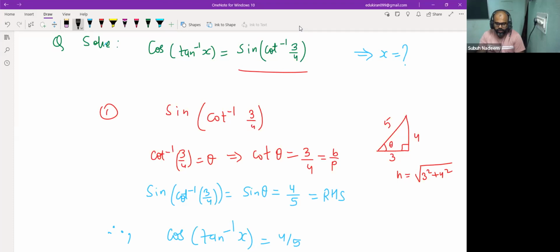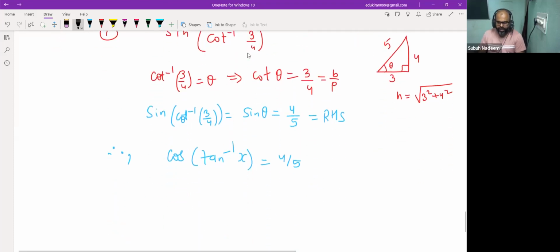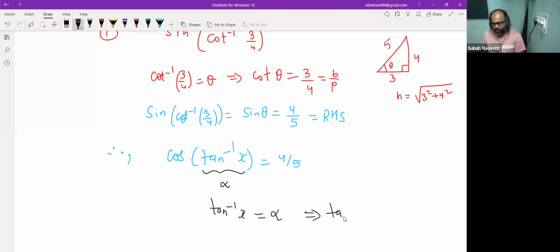So similar thing you have to do in the left hand side. You will take this cos of this tan inverse of x as another angle alpha, suppose. Theta we have used, so I'm taking alpha. So tan alpha will be x.